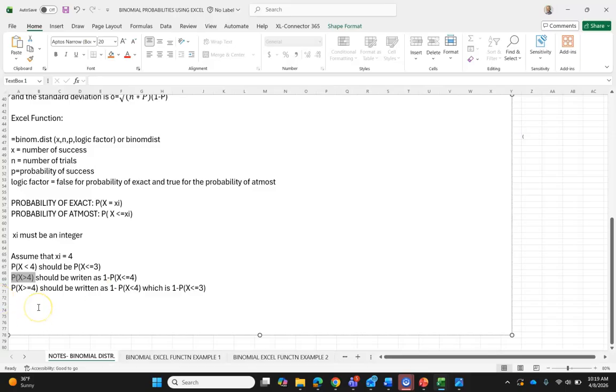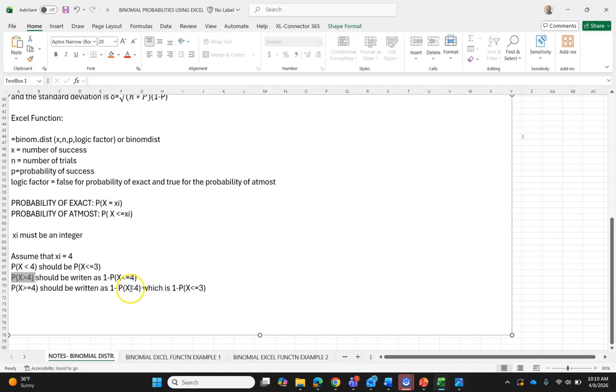And finally, if the question asks you to find probability of x such that x is greater or equal to 4, you can see that 4 is included. Therefore, we should write this as 1 minus, because anything greater, we have to bring to less. We do so by taking 1 minus probability of x such that x is less than 4, because here 4 is included.